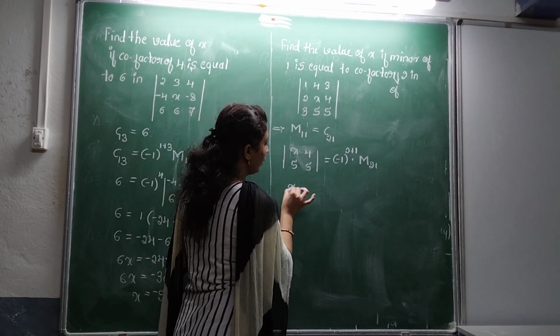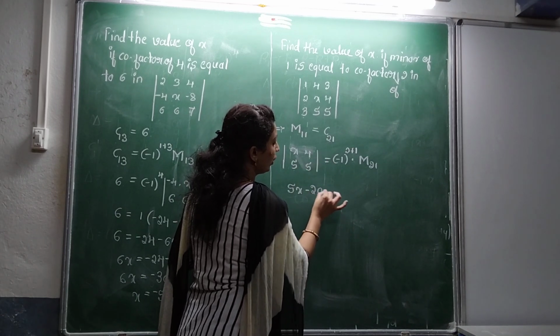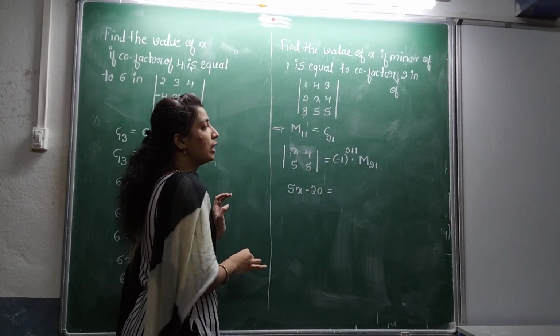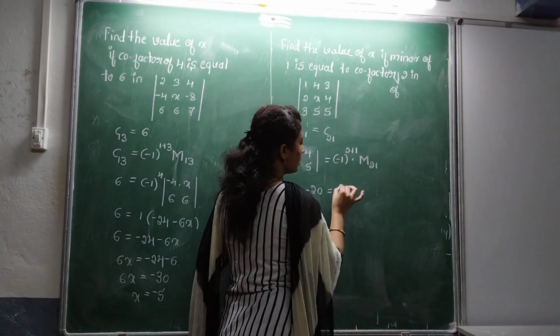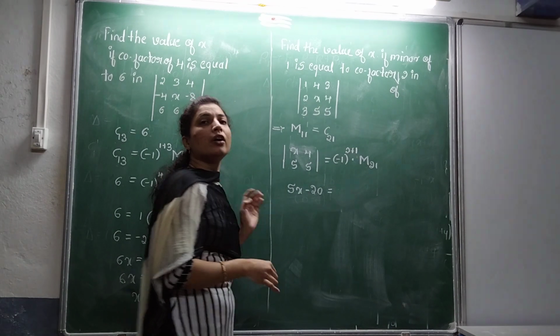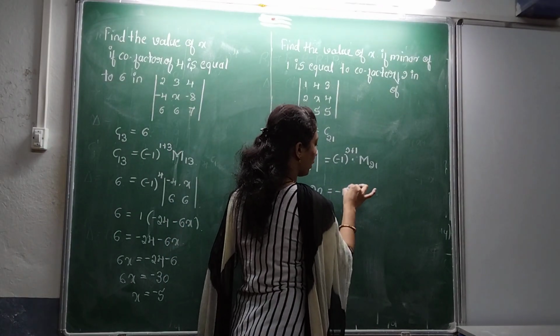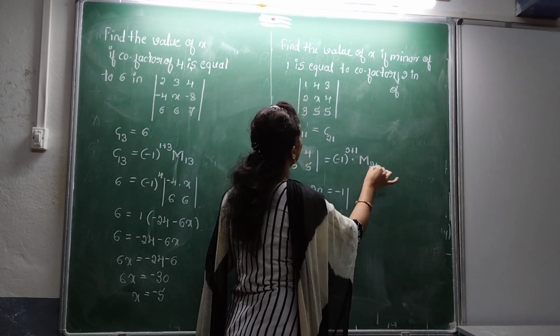So x into 5 is 5x, minus 5 into 4 is 20, which is equal to minus 1 to the power 2 plus 1. So it is minus 1 to the power 3, minus 1 to an odd power, so this value is minus 1 into the minor of 2, 1.